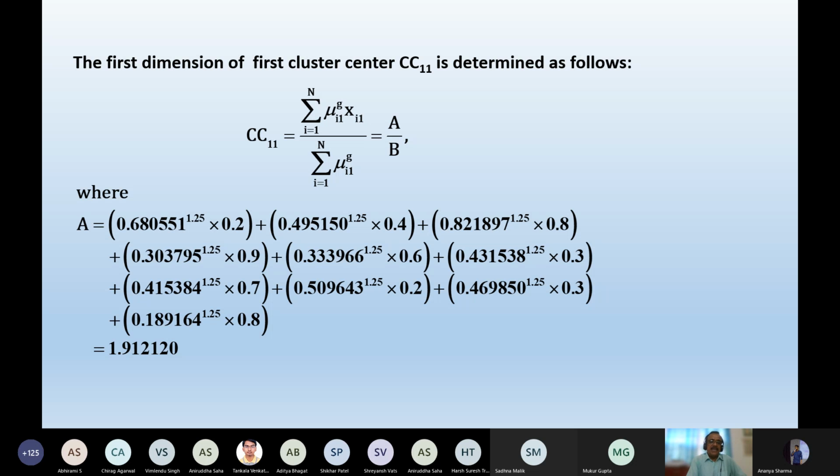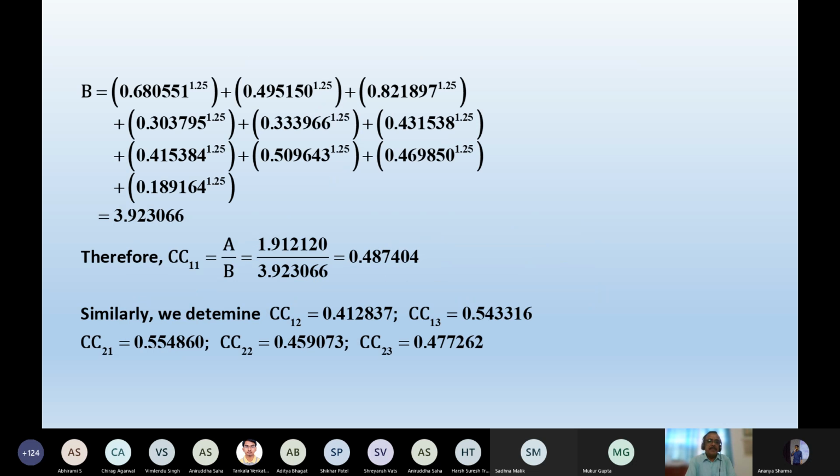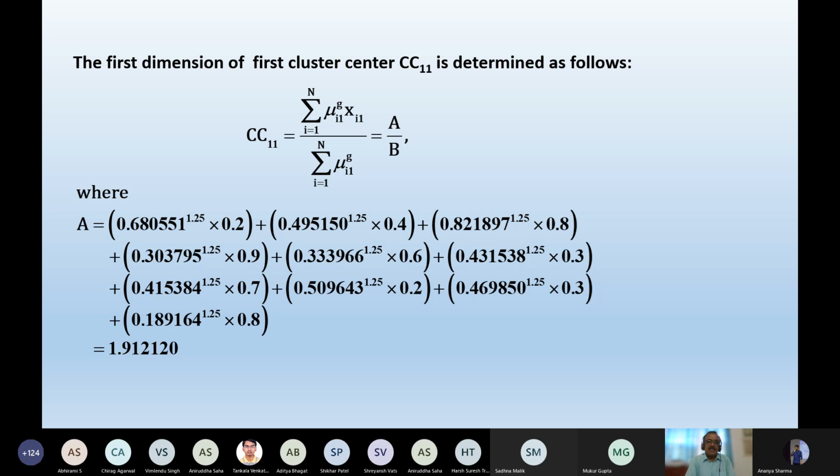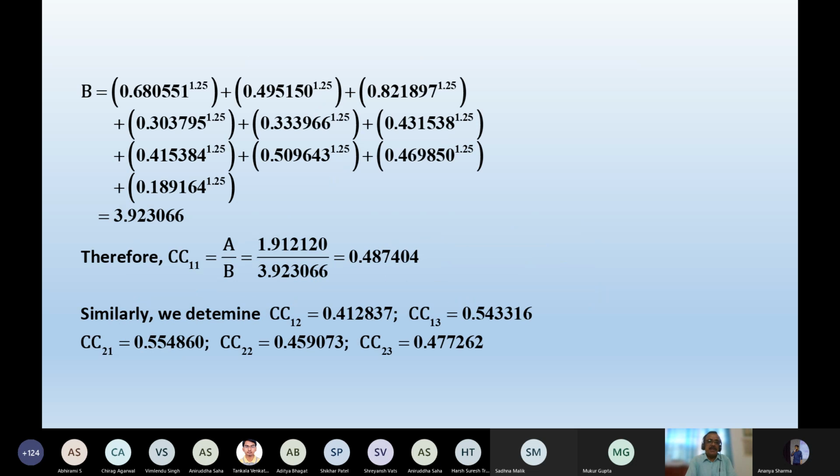And if you carry out this numerical exercise, you'll get A equal to 1.912120. Similarly, you can find out what B is. B is nothing but, once again, summation I equals 1 to n of mu I1 raised to the power G. If you simplify, you'll get B equal to 3.923066.